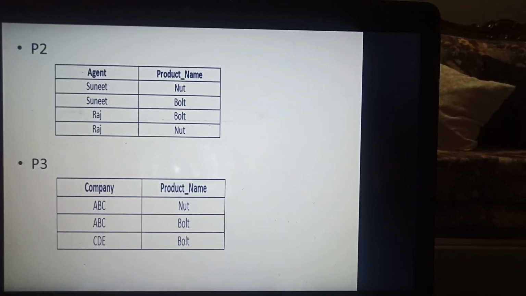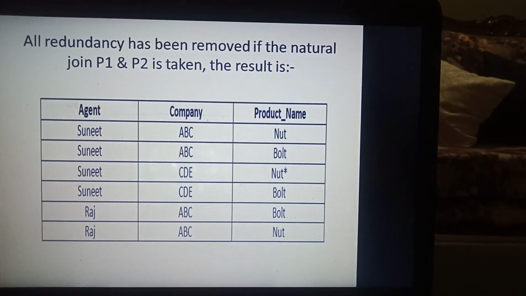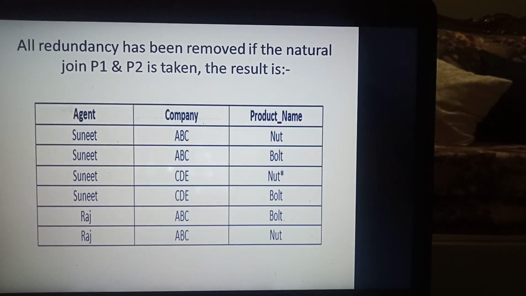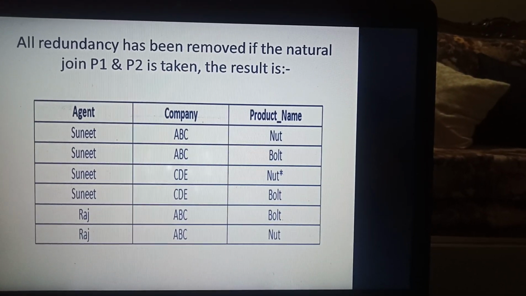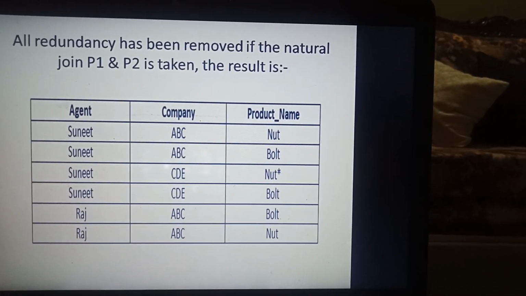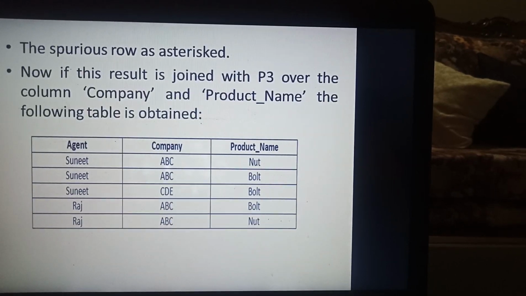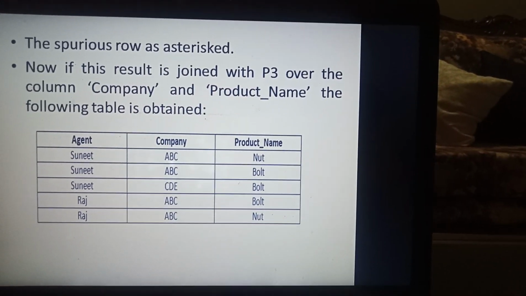Now if we join these three projections, natural join of these, first we have taken the natural join of P1 and P2, we have got this result. We have got one spurious tuple in this table, but still we have to join this result of P1 and P2 with P3. So let us join and we will get this table in the result.